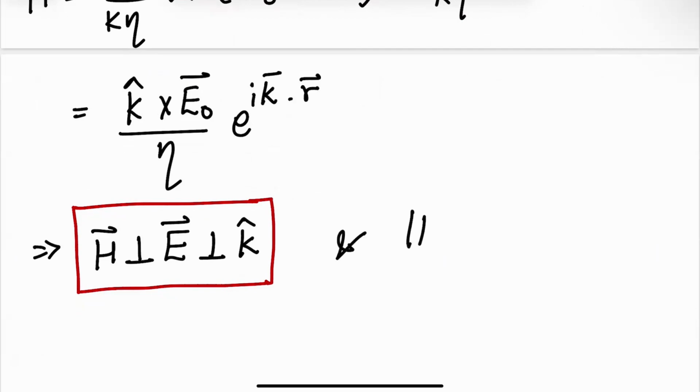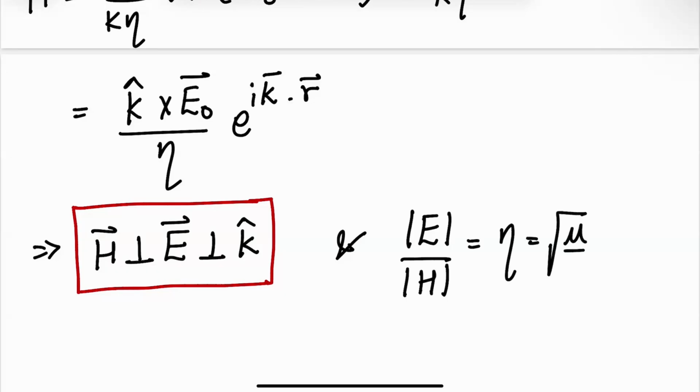And if we look at the magnitudes, mod E over mod H, that is equal to eta, which is equal to the square root of mu over epsilon. And this is 377 for free space, where you have mu naught and epsilon naught.